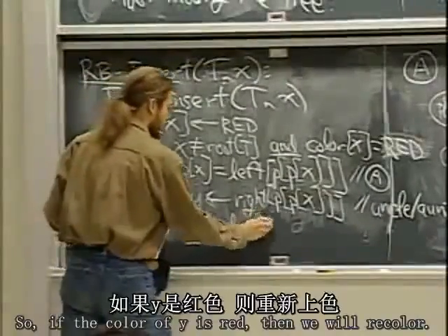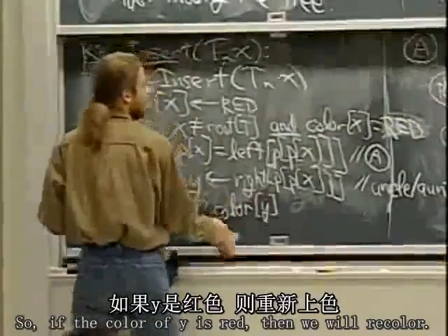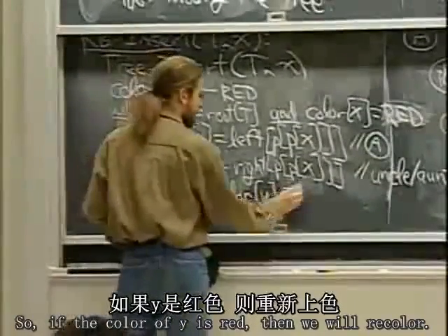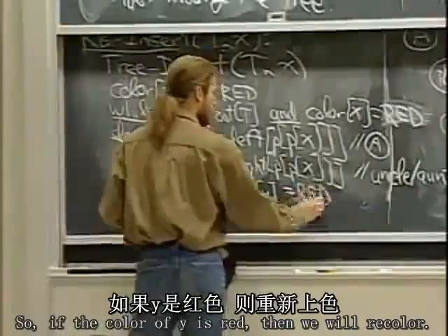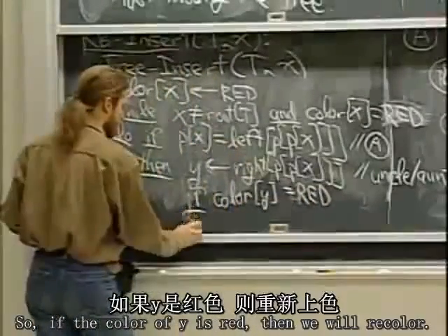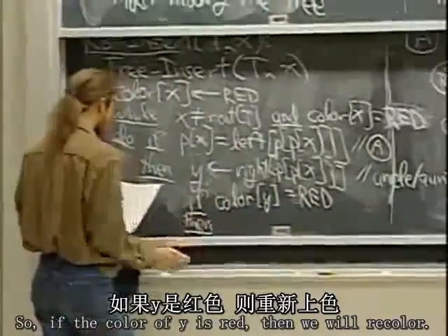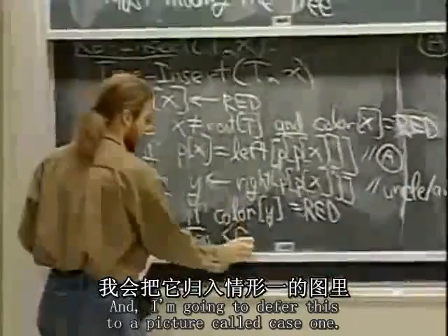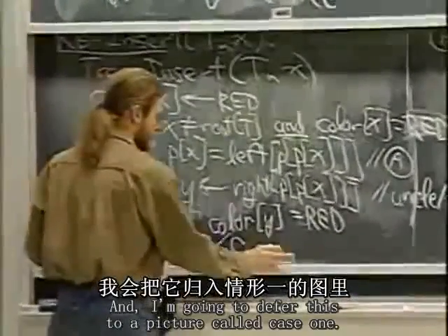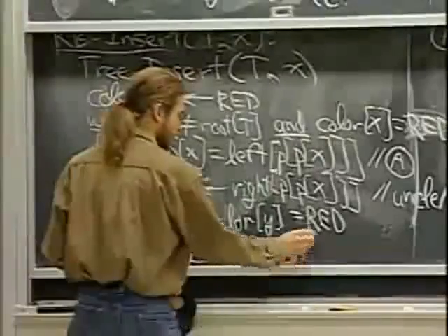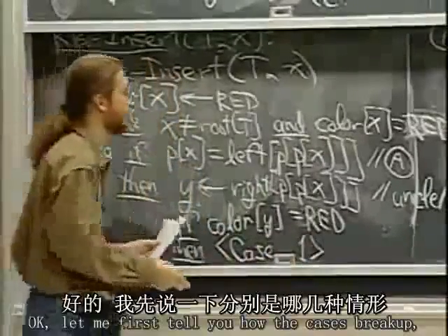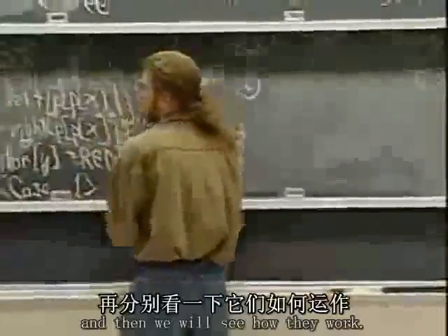So if the color of y is red, then we will recolor, and I'm going to defer this to a picture called case 1. Okay, let me first tell you how the cases break up, and then we'll see how they work.